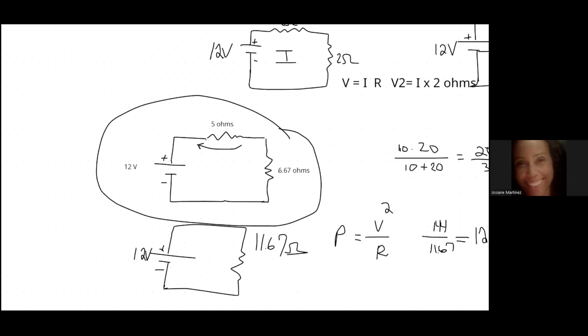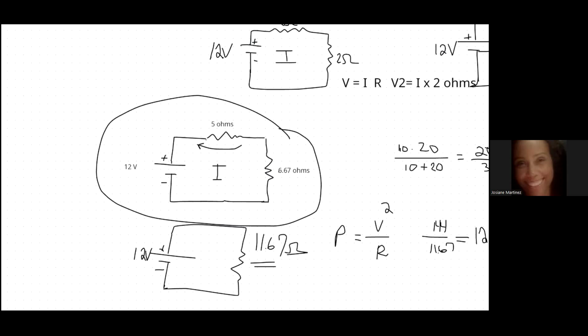Now you can simply combine the two resistors and find the current using 12 volts over the entire resistance, which we know is 11.67. And once you know the current, then you can simply take that current value, which is the same for each resistor, and use Joule's law that way.